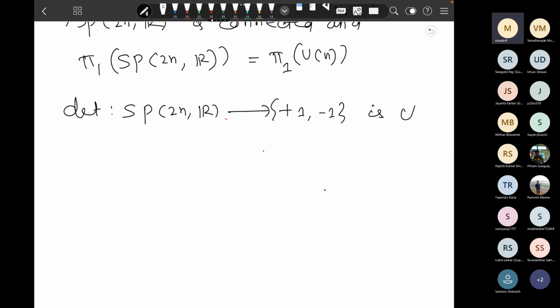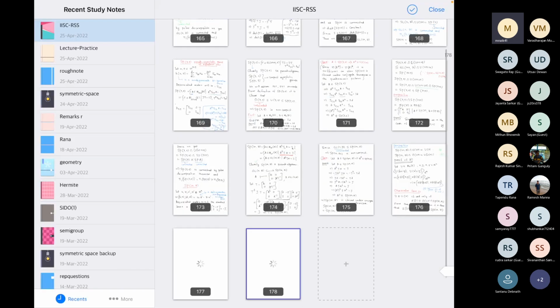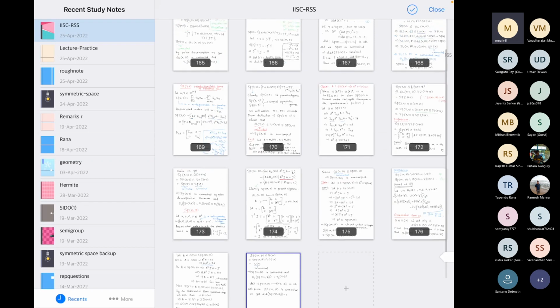Determinant is continuous, and since Sp_2n(R) is connected, we get that the determinant on Sp_2n(R) is 1. A similar thing holds for the form with signature (p, q).